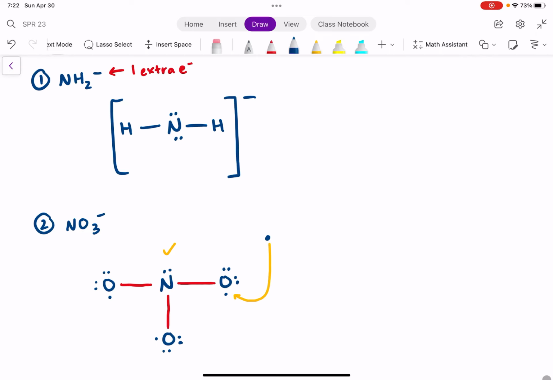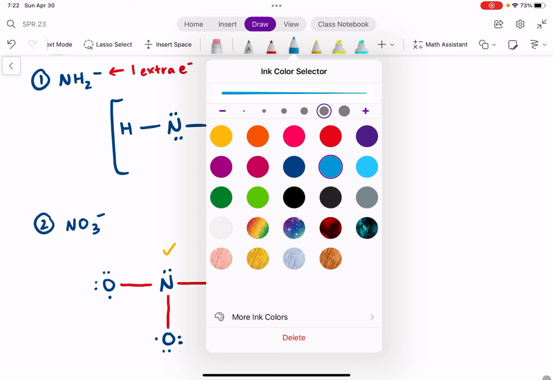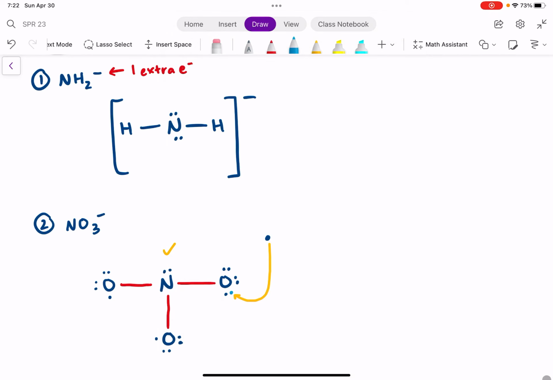And again, I'm going to show it as a light blue just so we know that that's our extra electron. So that oxygen's happy now, because it has 2, 4, 6, 8 electrons around it. What about those other 2? What are we going to do with those?